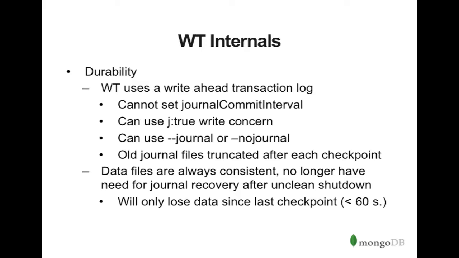So as a result, running with no journaling becomes slightly safer. If you do not have the journal running and you have an unclean shutdown, you'll lose all the data since the last checkpoint. However, you do not run the risk of your data being corrupt as you do with mmap v1.